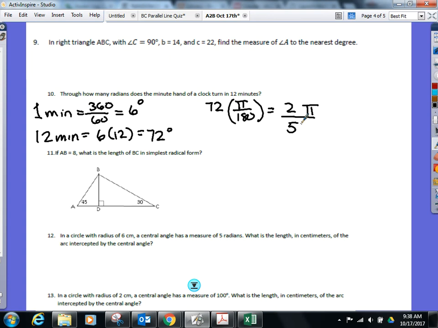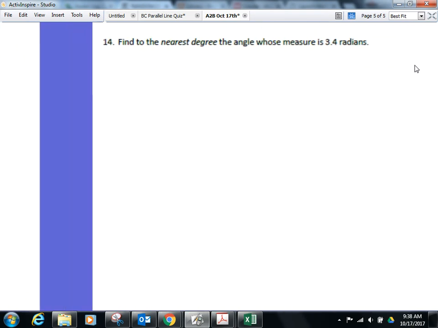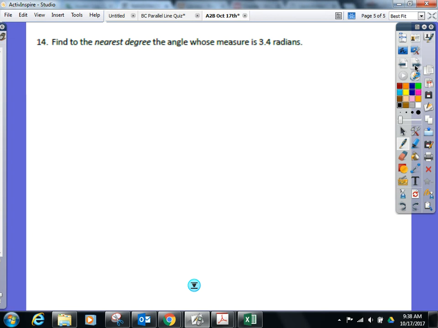Questions? All right, another one. 14, going deep. I just don't want you to fall into the trap tomorrow that I see every single year. It drives me nuts. Find to the nearest degree the angle whose measure is 3.4 radians. Don't get nervous because it doesn't have a pi with it.